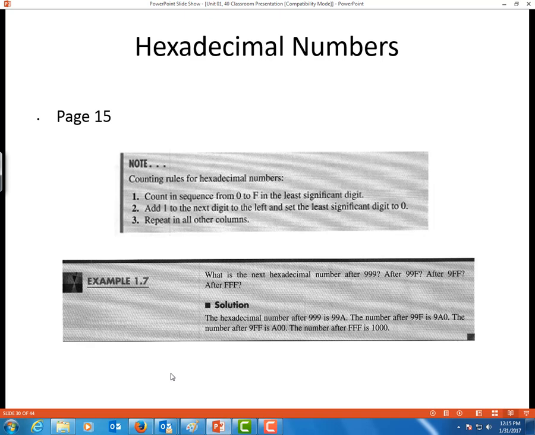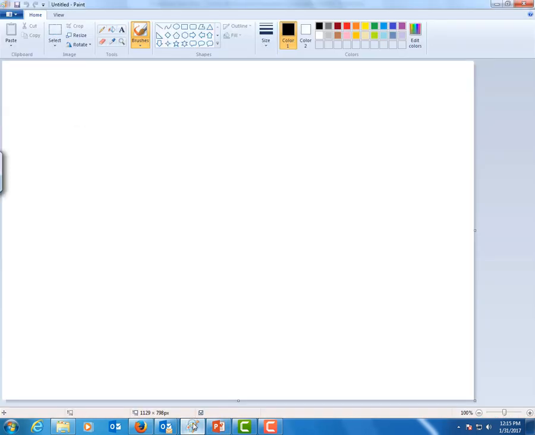Let's come over here and give it a shot. Let's just start at 0, 1, 0, and then we'll start at 1, 1. By the way, this is in hex. We're talking hex here.